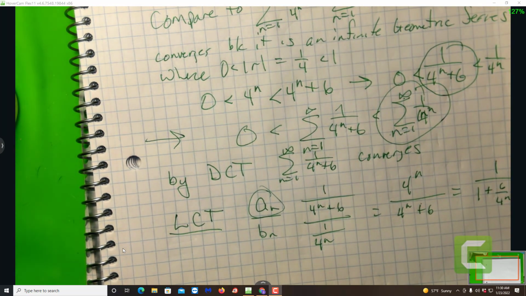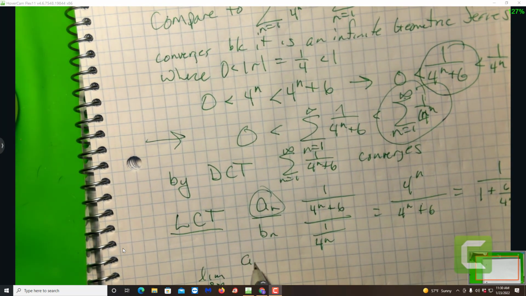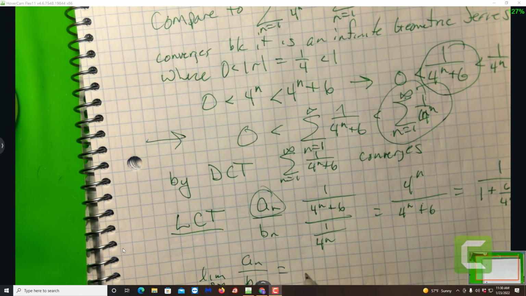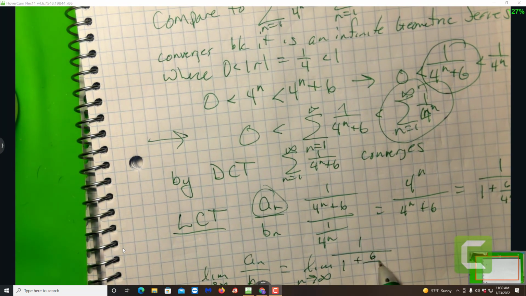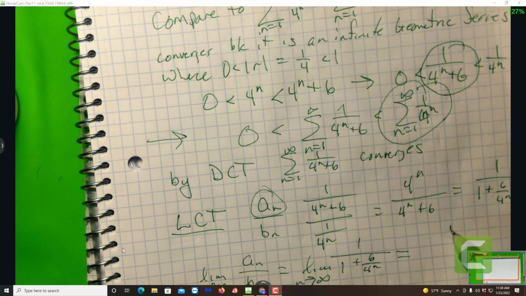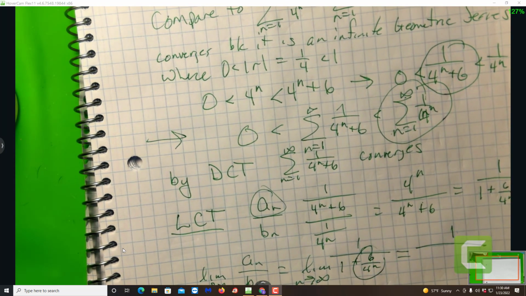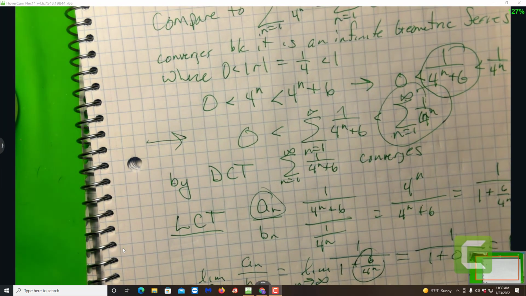Okay, so the limit as n goes to infinity of a sub n over b sub n is the limit as n goes to infinity of 1 over 1 plus 6 over 4 to the n. The numerator has a limit of 1. This right here goes to 0. And 1 plus 0 is 1, and 1 over 1 is 1.